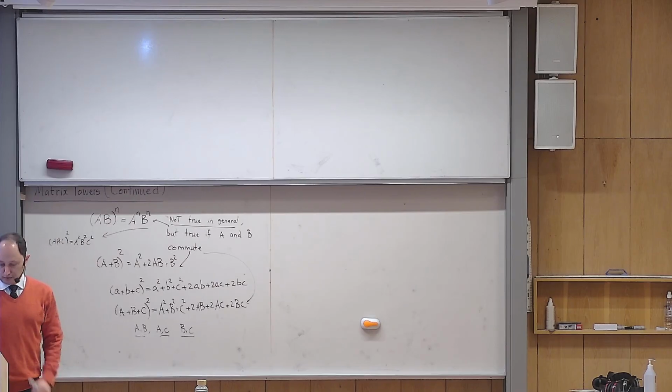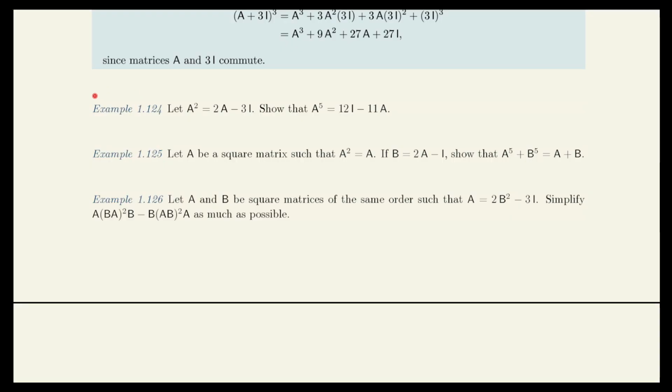Let us focus on example 124. Let A squared be equal to 2 times A minus 3I. We don't know about the order, so there is no way for me to compute what matrix A is. What I know is that there is a matrix A whose second power is 2 times itself minus 3 times the identity matrix.